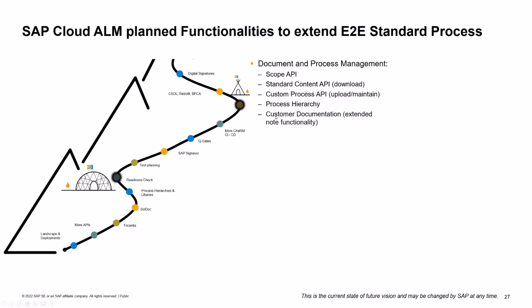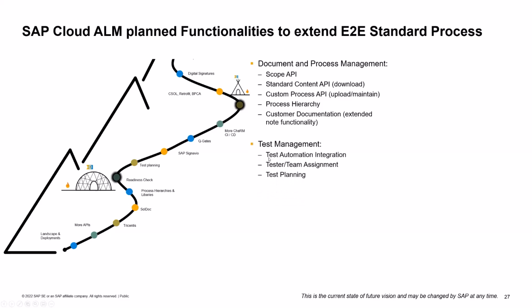So process hierarchy is coming quite soon. And then we started to offer a more sophisticated customer documentation, starting with an extended note functionality, but we plan to offer some kind of document management in future as well. So these are the gaps we plan to close in the document and process management.